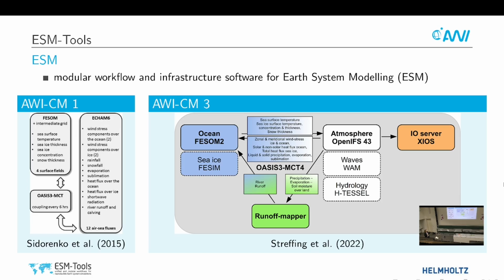For example, they use the same or a slightly different version of an ocean model, FESOM, which is also developed at the AWI, but they use different atmospheric models in the setup. In order to be a system, these compartments need to exchange data, of course, because there's an interaction from the ocean to the atmosphere.